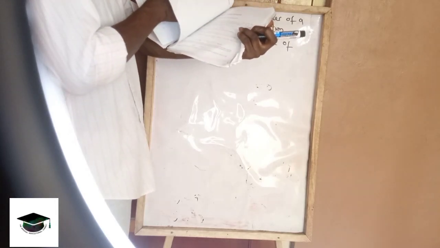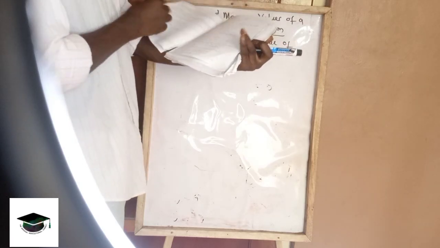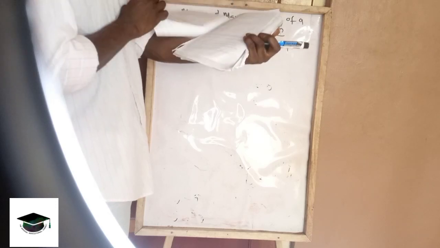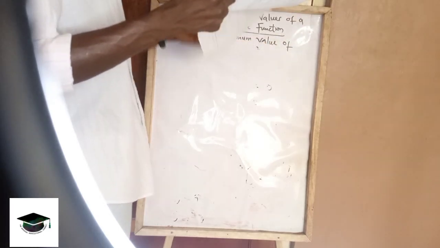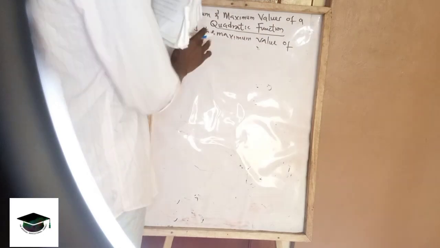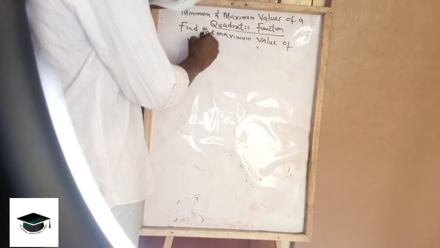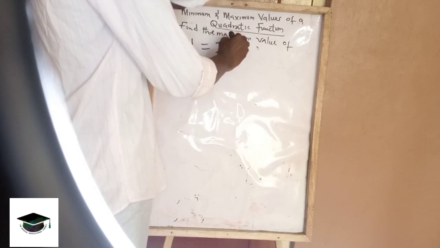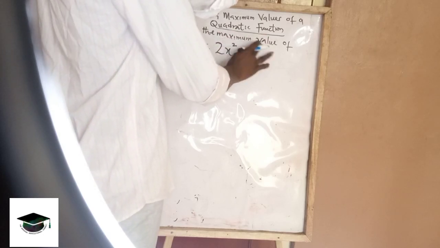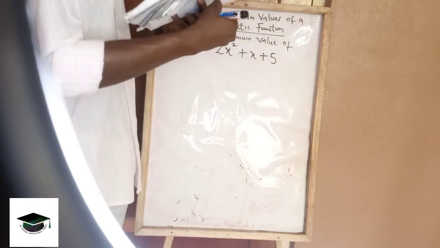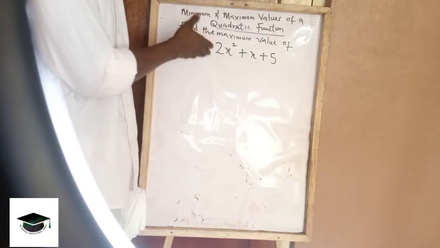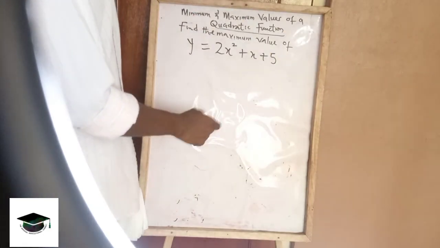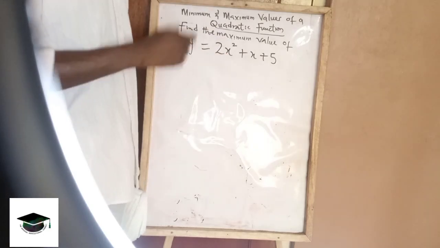Okay, now whenever you have a question like this, are you going to find the maximum here or minimum? Obviously, you should know you are going to find the minimum. So then you should find the minimum value of x and also find the minimum value of y.